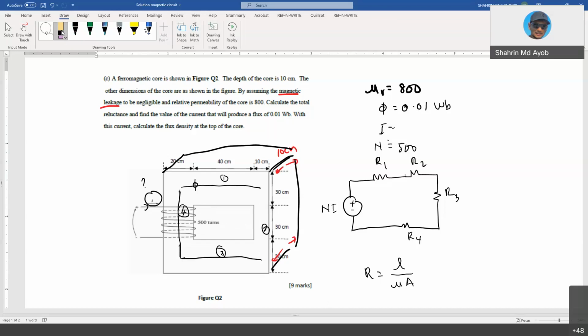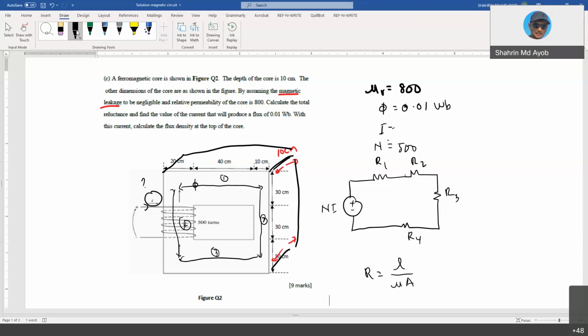So right now we need to calculate the mean length of the first section. This one from here to here, and then we have another section. This is section 2, this is section 3, and this is section 4.